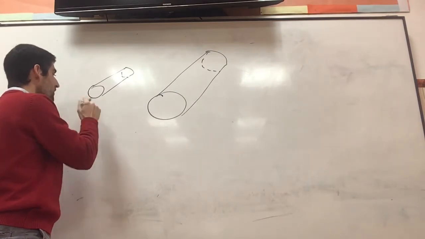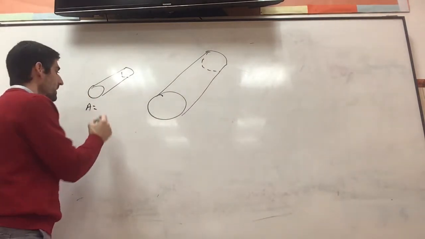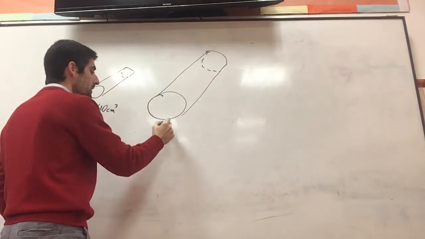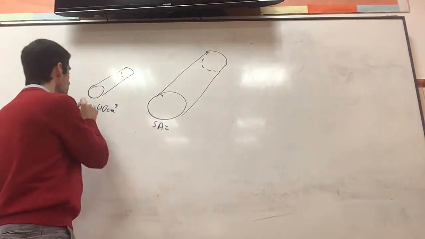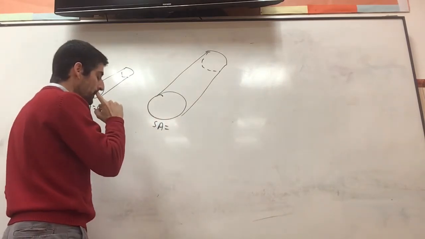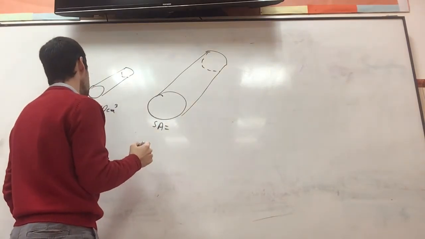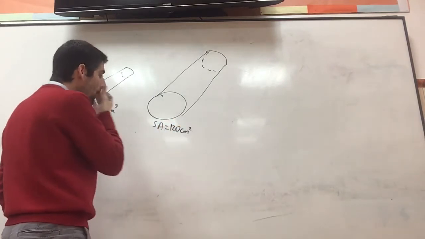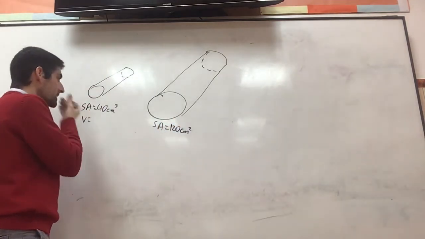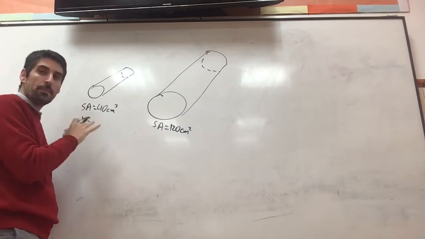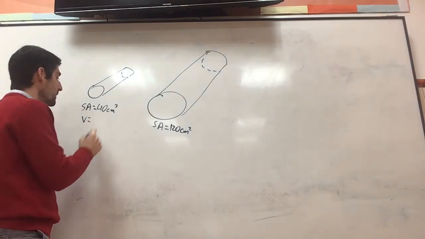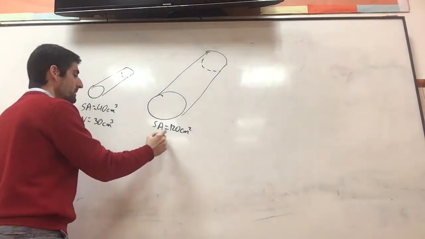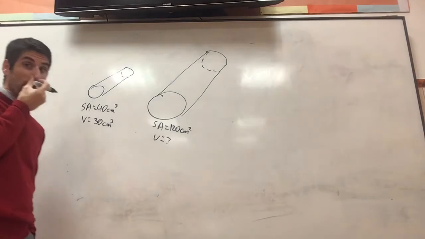The surface area of that cylinder there is 40 centimeters squared. The surface area of that big cylinder is 120 centimeters squared. And they tell me that the volume of this is, again making the numbers up, doesn't necessarily have to add up, 30 centimeters cubed, and they ask me to find the volume of the big one there.